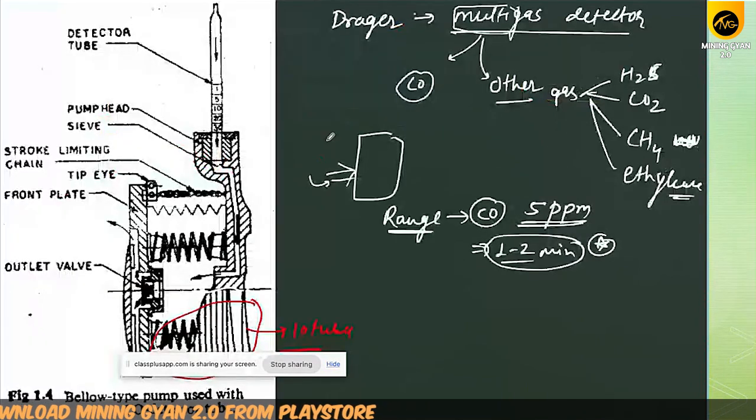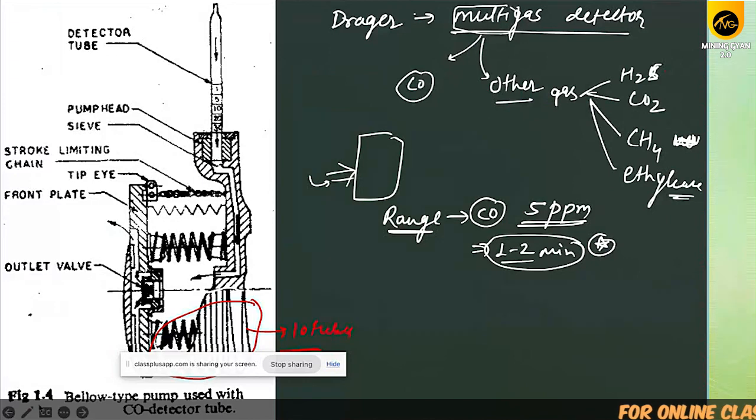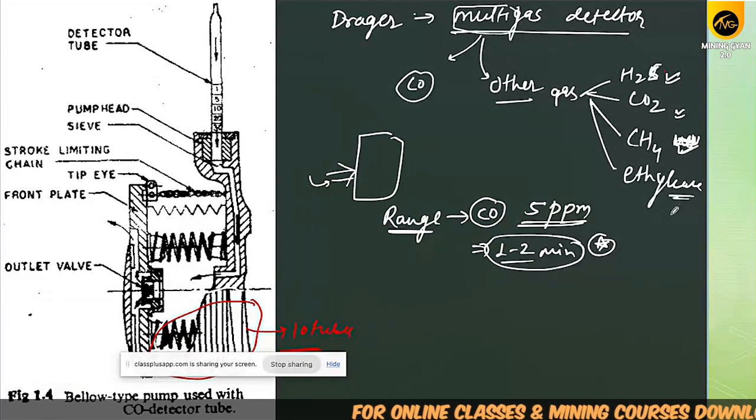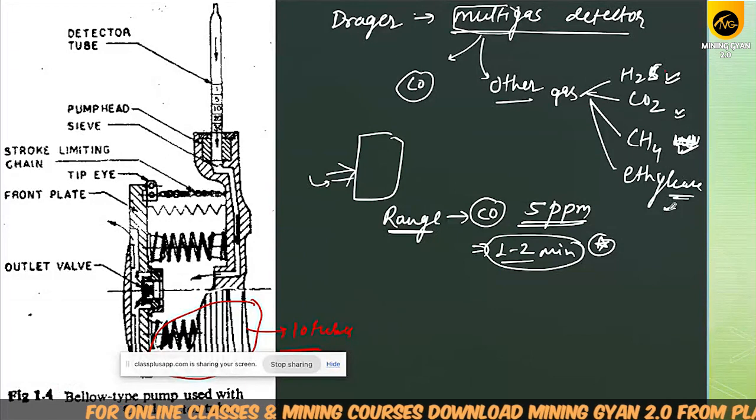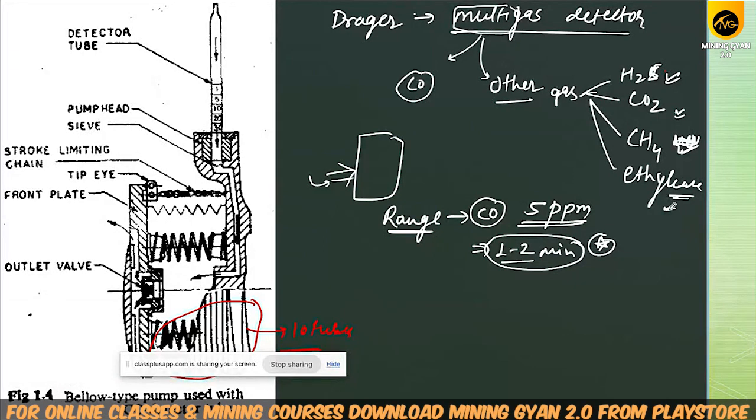Then we have seen the Draeger multi-gas detector. Like its name, multi-gas, it is used for carbon monoxide, but also for other gases like H2S, CO2, that means carbon dioxide, methane gas, that means CH4, and ethylene. Its carbon monoxide range is up to 5 ppm, and it gives the reading within 1 to 2 minutes.